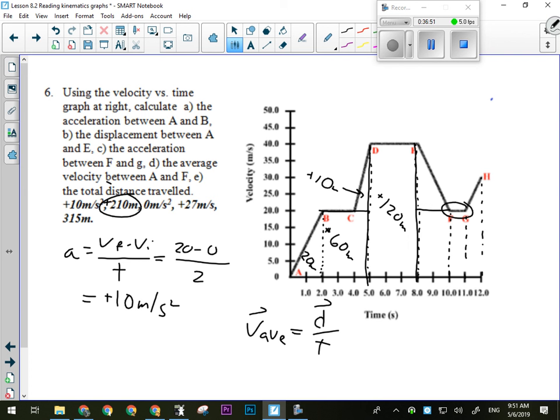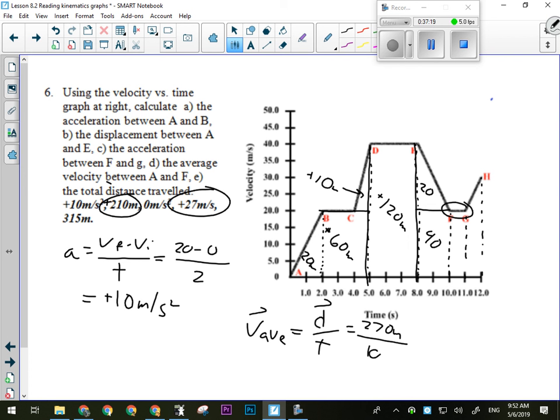This triangle here is 2 on the base and 20 high, so 2 times 20 is 40, over 2 is 20, and then I've got 2 times 20, so that'll be 40 there. So it's an extra 60. So we're looking at 270 meters as our total displacement. And then we're dividing that now by 10 seconds, so we get 27 meters per second. Everybody all right with that?